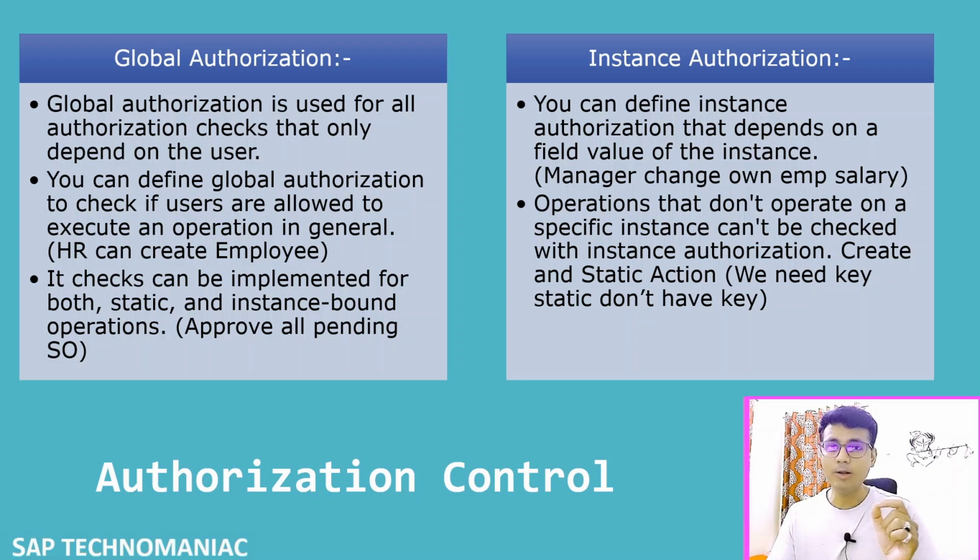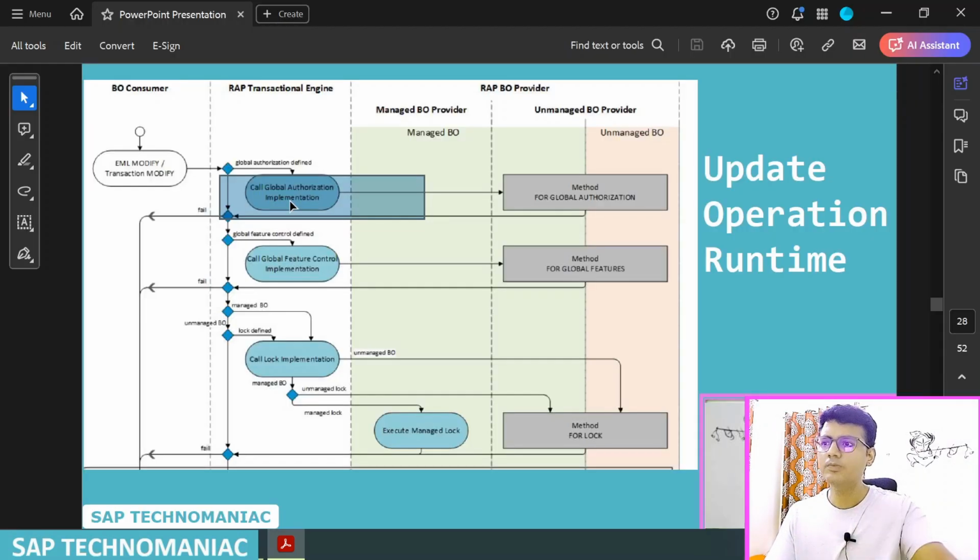First thing, global authorizations. As you remember from my previous video on the unmanaged scenario, I explained the flow of the methods, how they will be called whenever you do create, update, delete or any action or function. At that time the first method called is the global authorization method. Let me show you the first method.